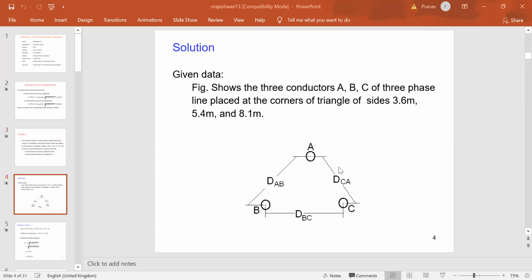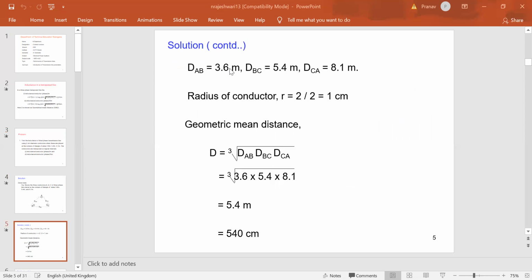This figure shows the three conductors A, B, C of the three-phase line placed at the corners of a triangle of sides 3.6 meters, 5.4 meters, and 8.1 meters. So DAB is 3.6 meters, DBC is 5.4 meters, DCA is 8.1 meters, and the radius of the conductor, small r, is equal to 2 by 2, which is equal to 1 centimeter.